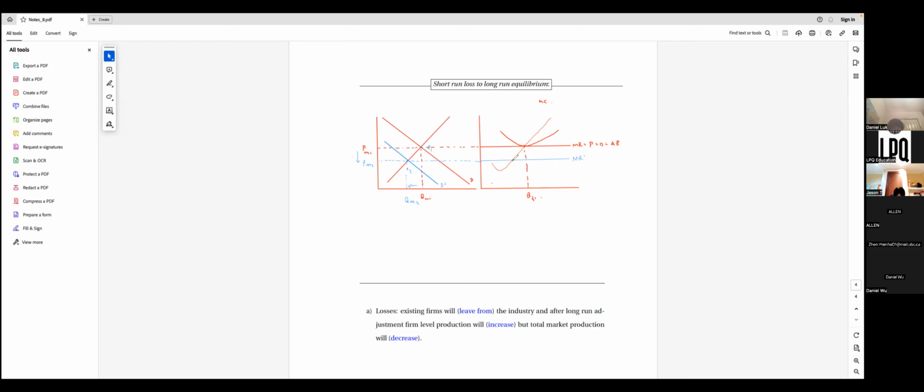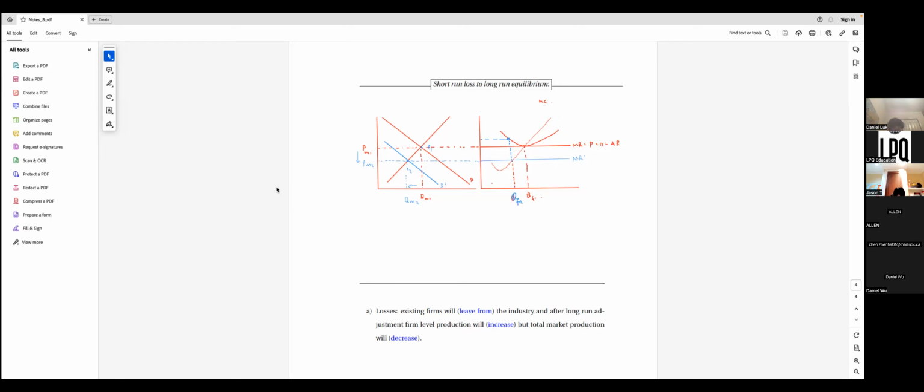Okay, you should produce less, right? Should be here. You should produce a lesser quantity. Then you extend this quantity line until you attach to your ATC, then you turn left.